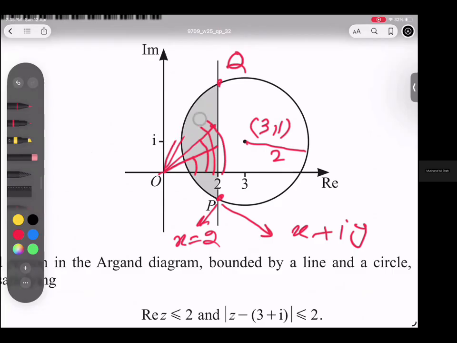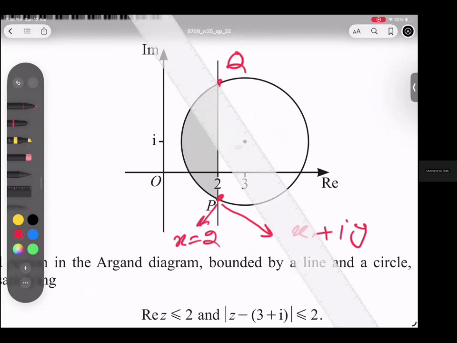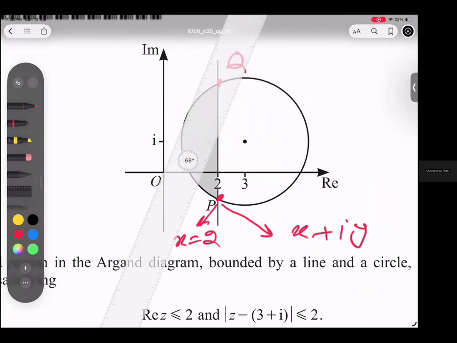Basically, students, I will tell you one thing. I will draw a point here. Look now, I'm going to draw a tangent here. I'm looking at such a point. Okay, this is a point.